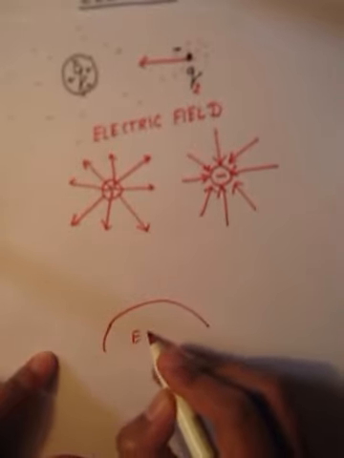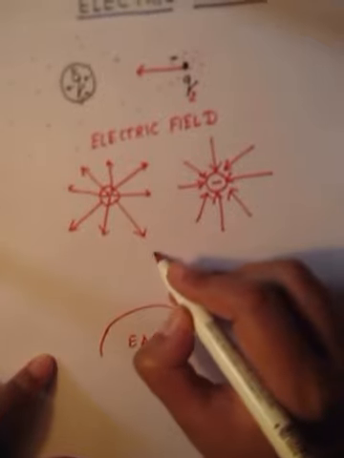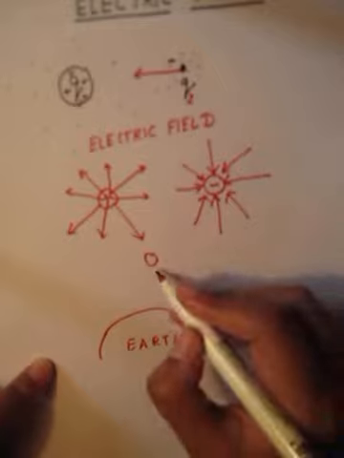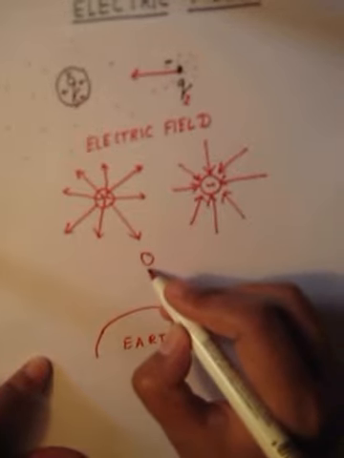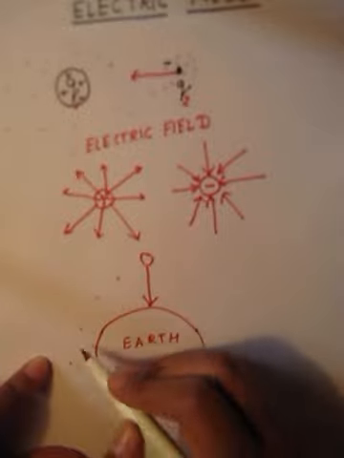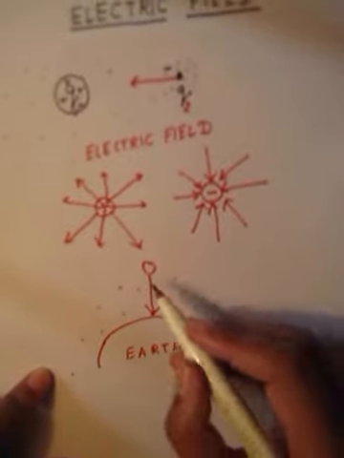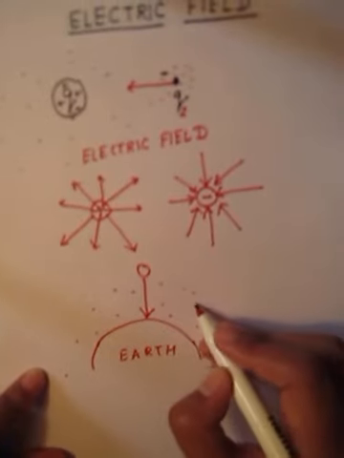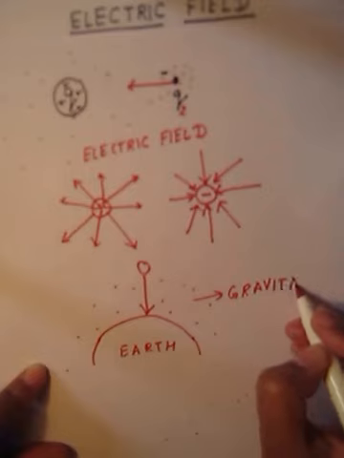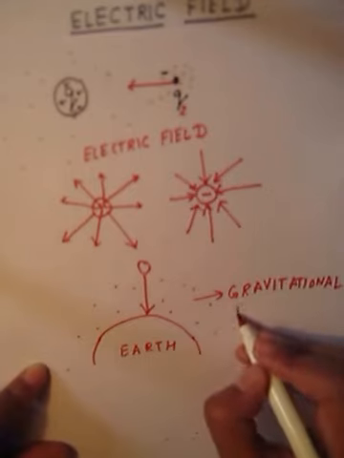Let us say you have Earth and you just leave any object, a ball maybe. If you drop it, it will move towards Earth. So there is something around Earth which pulls this object down, and this something, as you all know, is called the gravitational field.